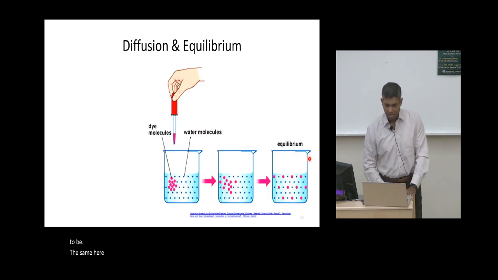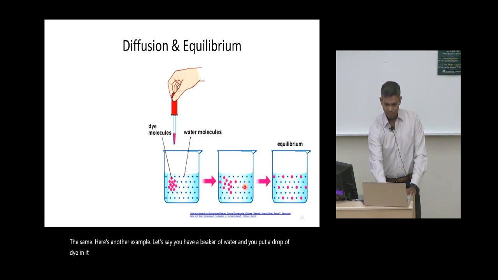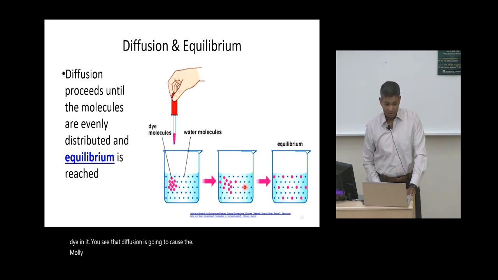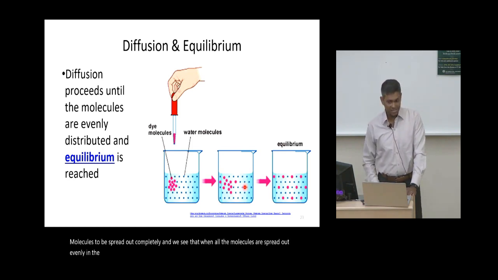Here's another example. Let's say you have a beaker of water and you put a drop of dye in it. We see that diffusion is going to cause the molecules to be spread out completely, and when all the molecules are spread out evenly in the beaker, that's when we say that equilibrium has been reached.